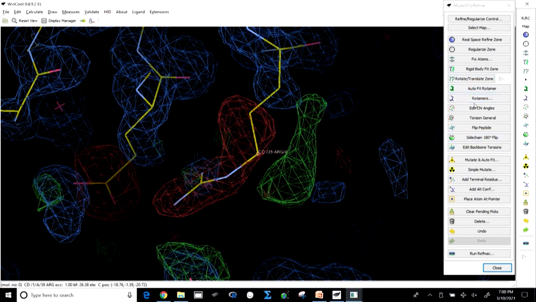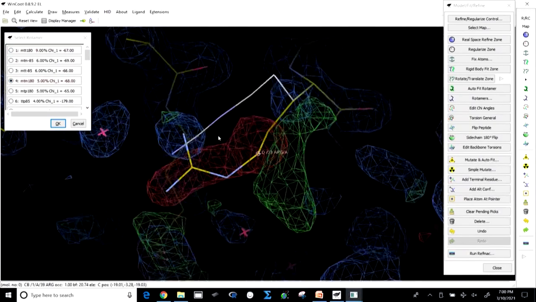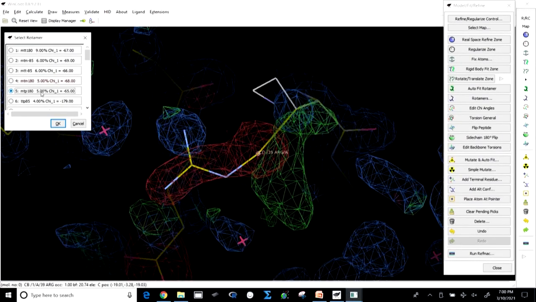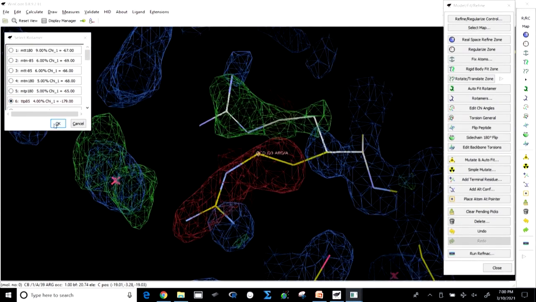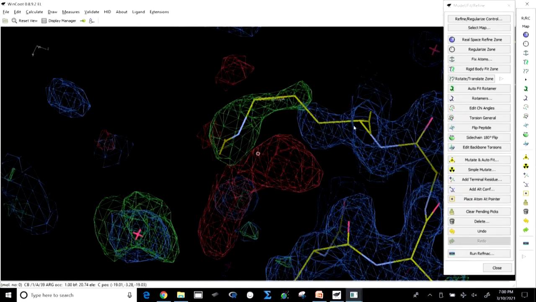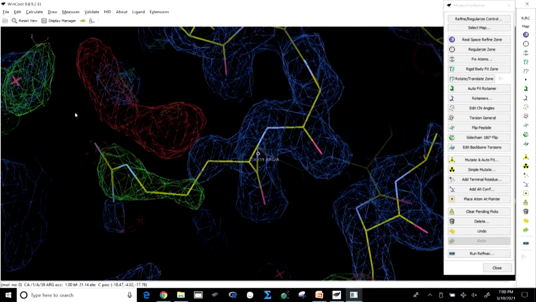So, see here the option is rotamer. If you click the rotamer, you get a lot of options of rotamers. See, the rotamers are created in different places, and among them something is coming here, and this is one of the most possible and correct conformations.